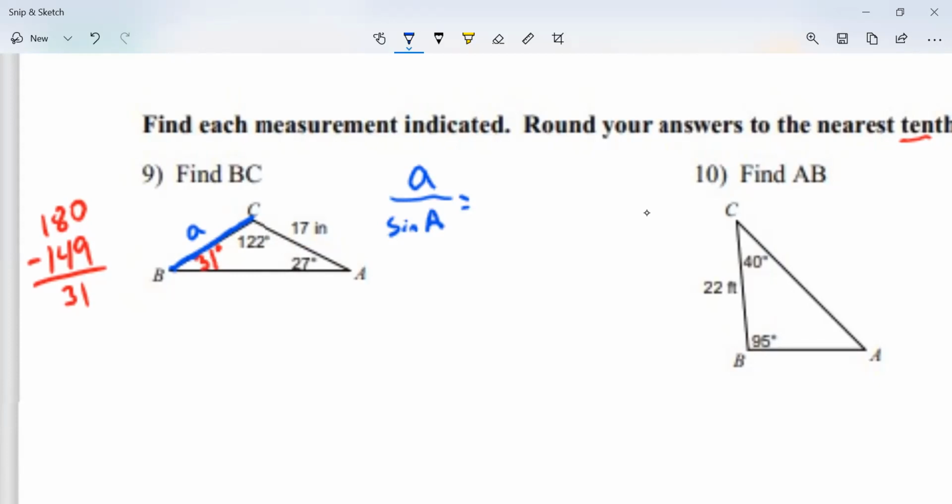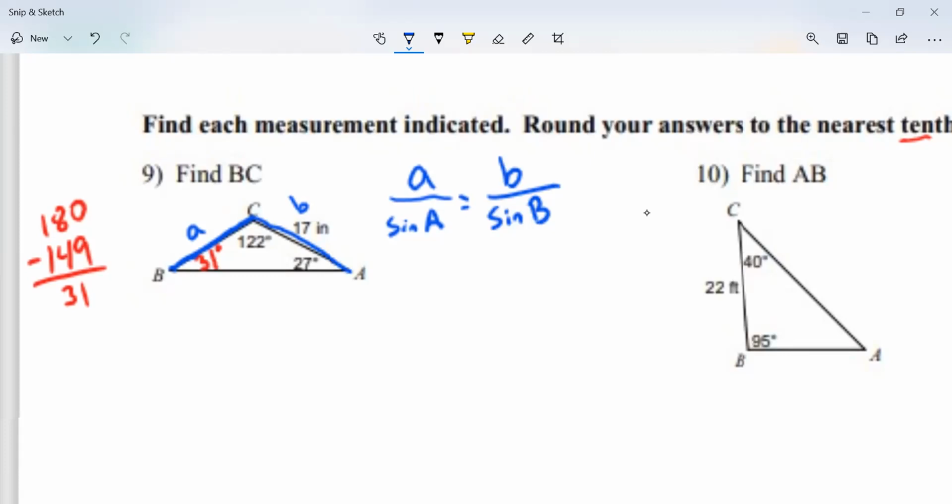Then I see what other side do I know? And in this case, I know side B, right? It says side B 17. So right now, I'm going to call that side B. Then I'm going to write this as side B over sine of angle B. Again, those are the fractions that I'm going to use. Let me replace my letters like A or B for the information that I have.